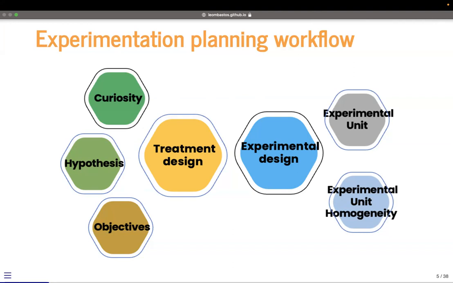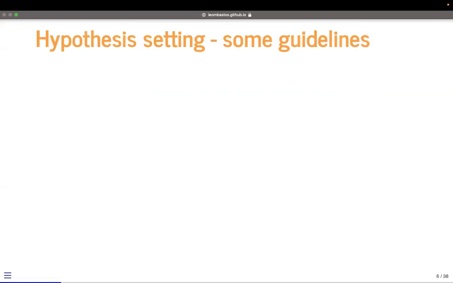Whereas experimental design is the part of the design that is related to experimental material homogeneity or lack of homogeneity. And that's what helps us to address some of those components and remove that heterogeneity from the effect of the treatments and be able to still find treatment effects.